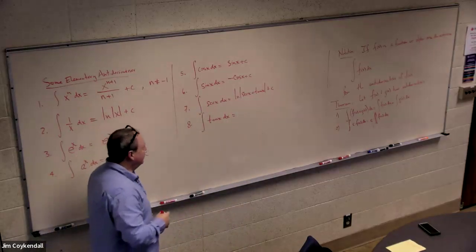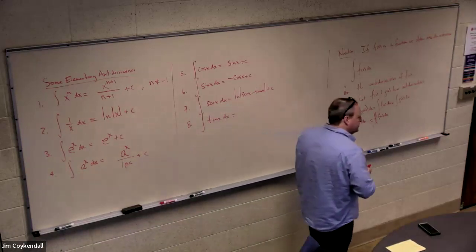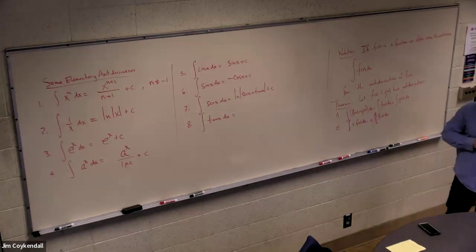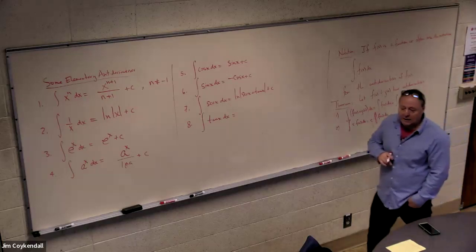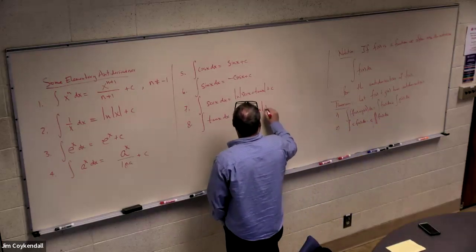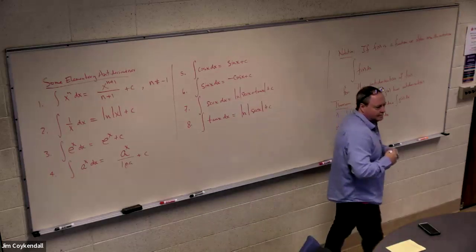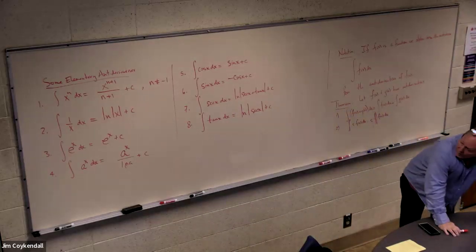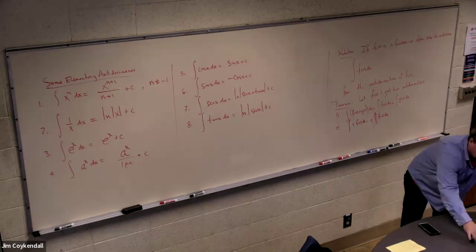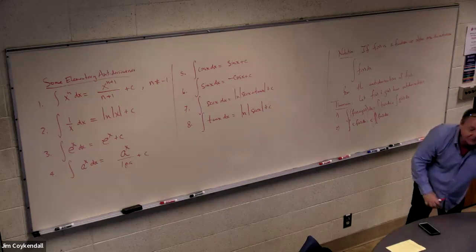We're going to get back to it later and see why. What's the derivative of log of the absolute value of secant? It's 1 over secant, and then you multiply by the derivative of secant, which is secant tangent. So you have one over secant times secant tangent, the secants cancel.